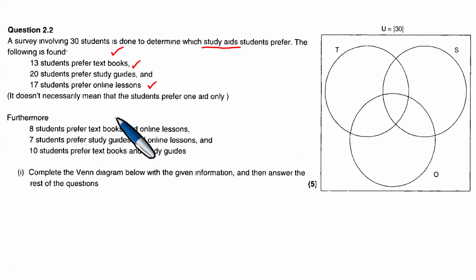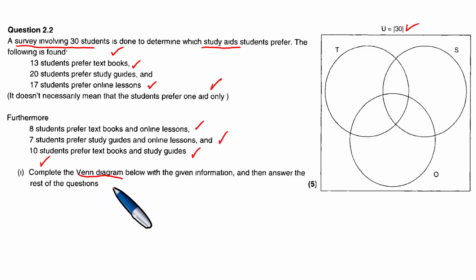It doesn't necessarily mean that the students prefer one only. Because this survey involved 30 students, the universal set contains 30 elements. Furthermore, 8 students prefer textbooks and online lessons. 7 students prefer study guides and online lessons. 10 students prefer textbooks and study guides. This is what we've been given. This is what you need to do: complete the Venn diagram.